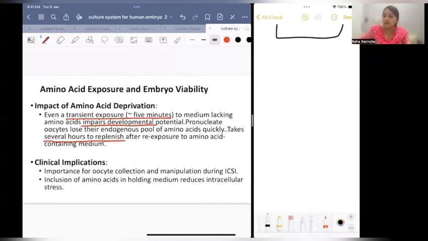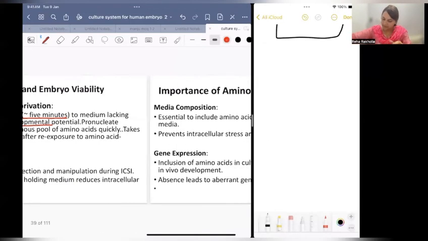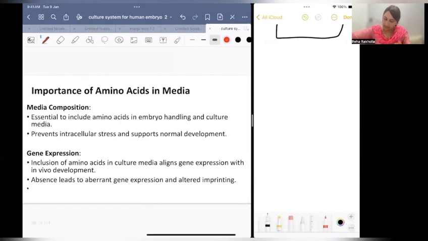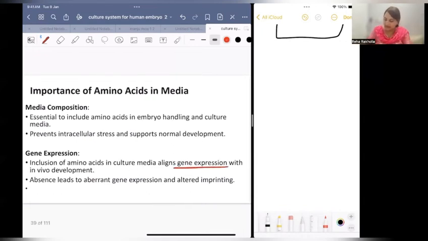We have already read that amino acids in culture align gene expression.